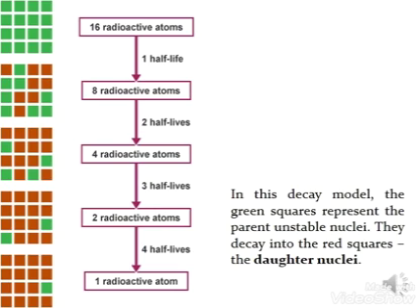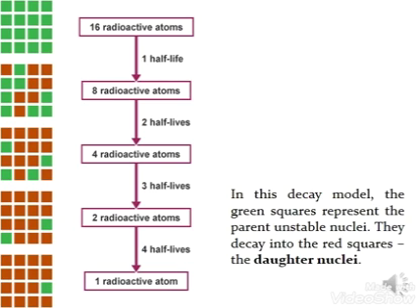Look at the diagram. It starts from 16 radioactive atoms. When they undergo decay for the first time, they become 8. When 8 radioactive atoms undergo decay for the second time, it turns into half, which is 4, and the process goes on until it reaches 1 radioactive atom.